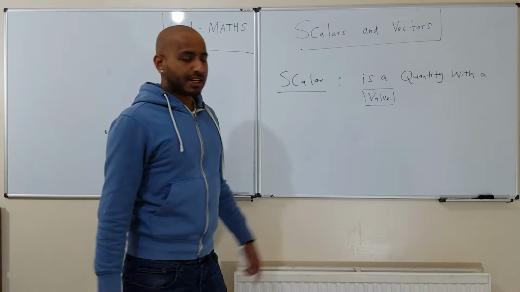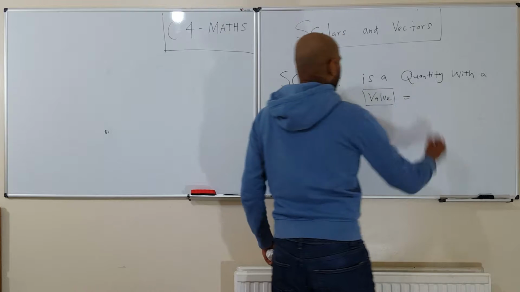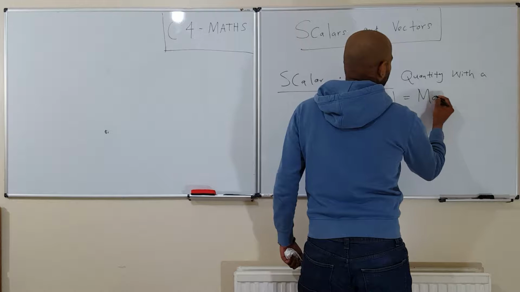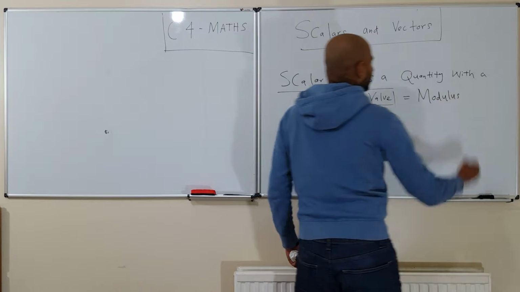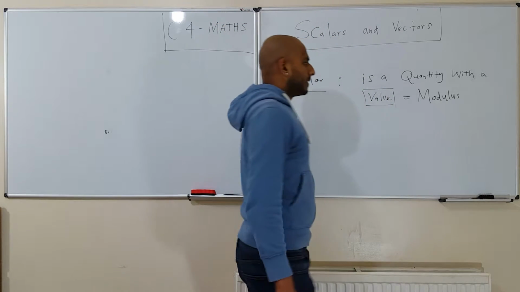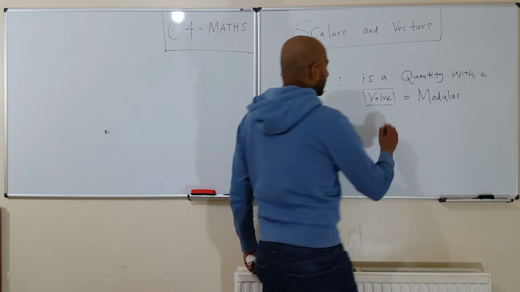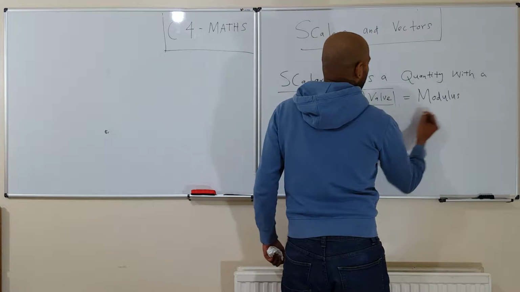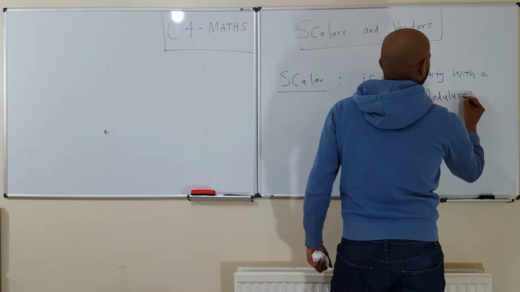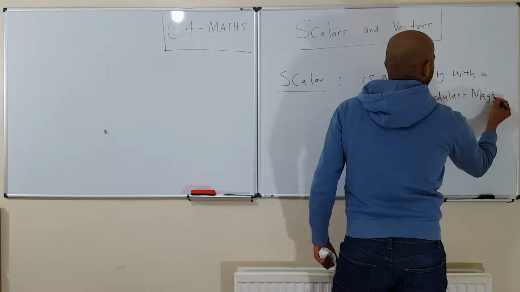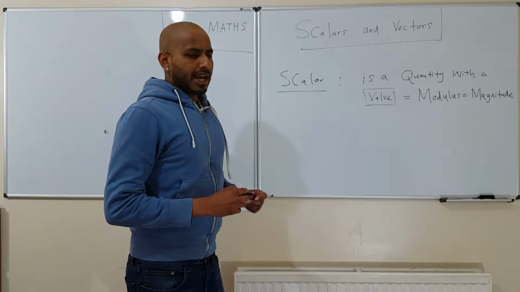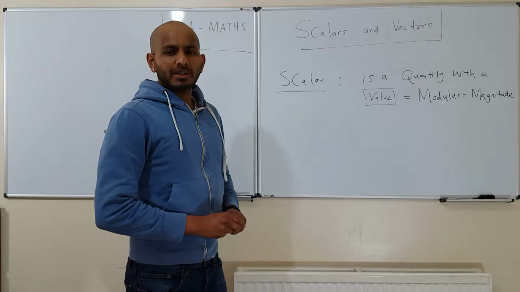We would say value, which is just an English word, and also we can use a word like modulus, and also magnitude. So anything that has a magnitude only, just a magnitude, we would say it's a scalar.